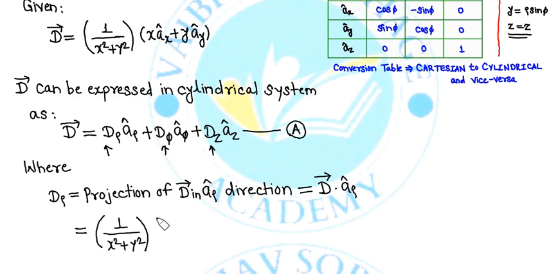Then we multiply by the second bracket, which is x ax cap plus y ay cap, having the dot product with a rho cap.